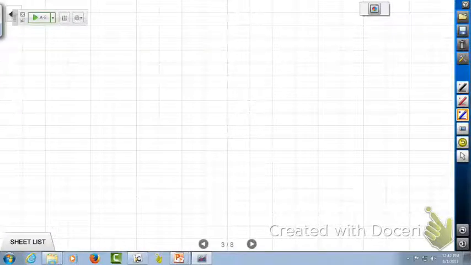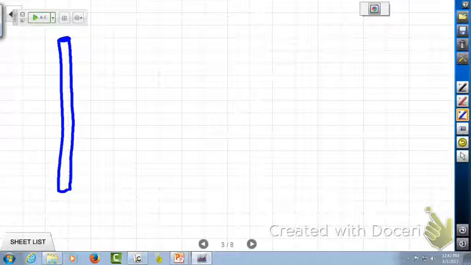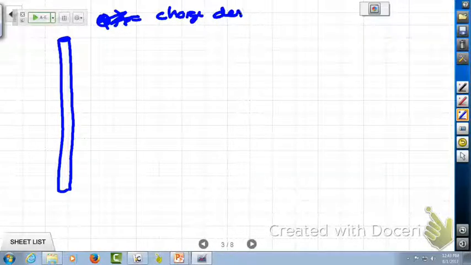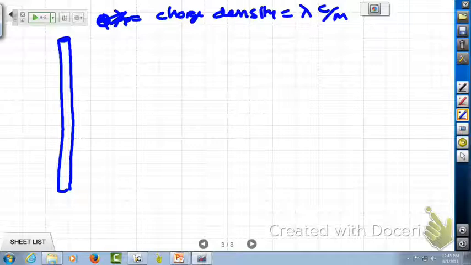We have an infinite wire, and it has Q. No, it's got lambda, I'm sorry, charge density, coulombs per meter. I can't talk about the number of coulombs because it's infinite. There's an infinite number of coulombs, but I can talk about a certain length. So it'd be lambda coulombs per meter.